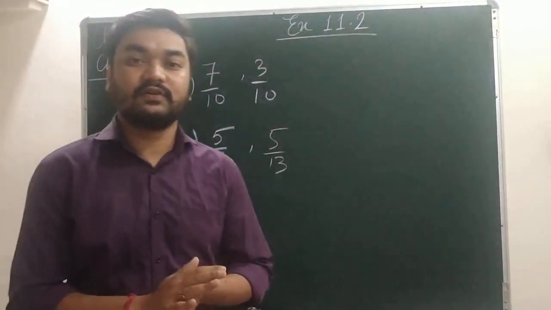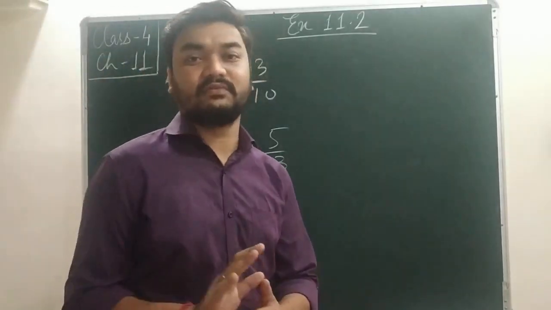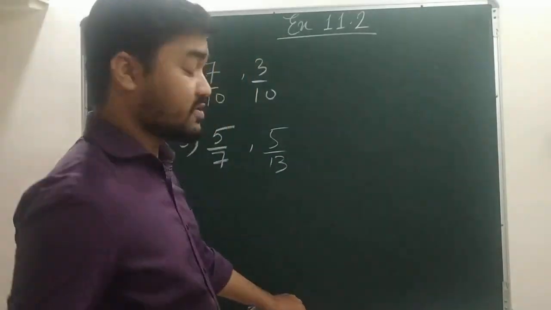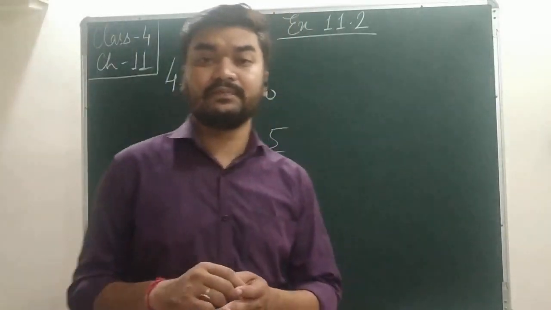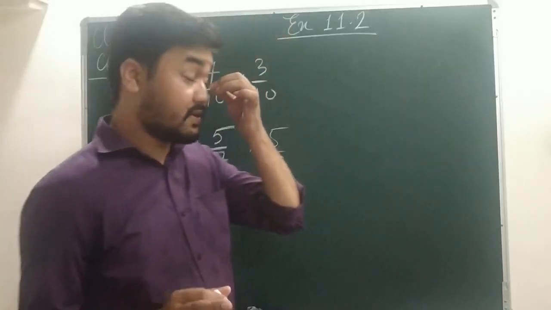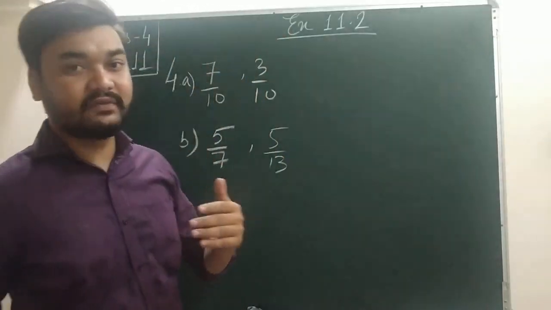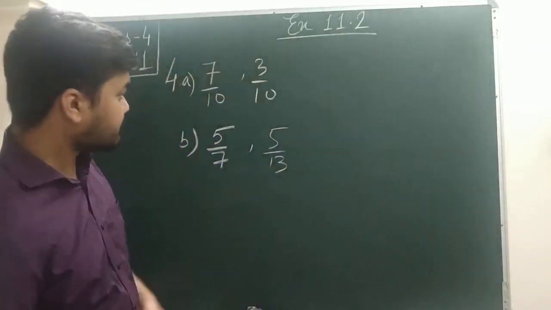Next we will solve question number 4. Question number 4 is just similar to question number 1. In question number 1, we have to find out the greater, smaller, or the equal fractions. But in this question we have just to find the smaller fraction.